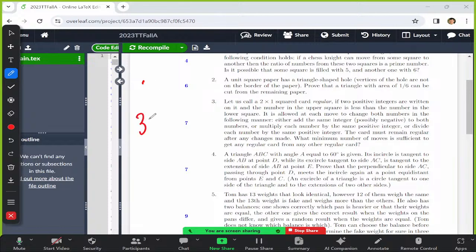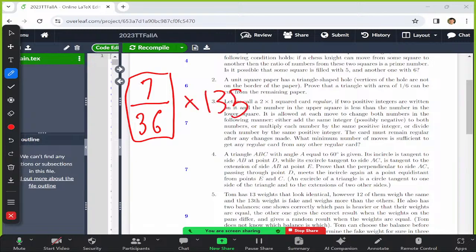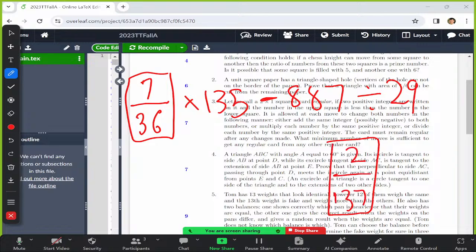It was like 36 and 7. Yeah, so if you take 36 and 7 and you times it by 135 and then subtract 887 and then divide by 29, you get 137 and 2. Okay?